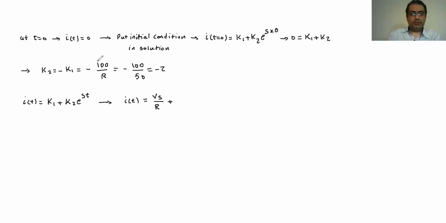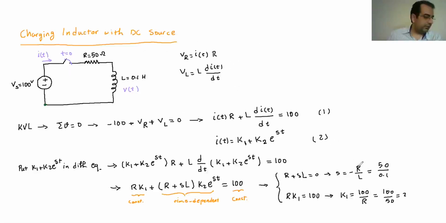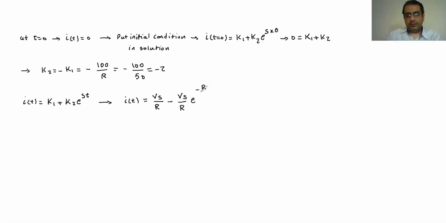Again, that K2 here is 100 divided by r, and that 100 is the Vs, so it's going to be negative Vs divided by r, and then we have e to the power of s, and s was negative r over l, so we can write negative r over l times t.